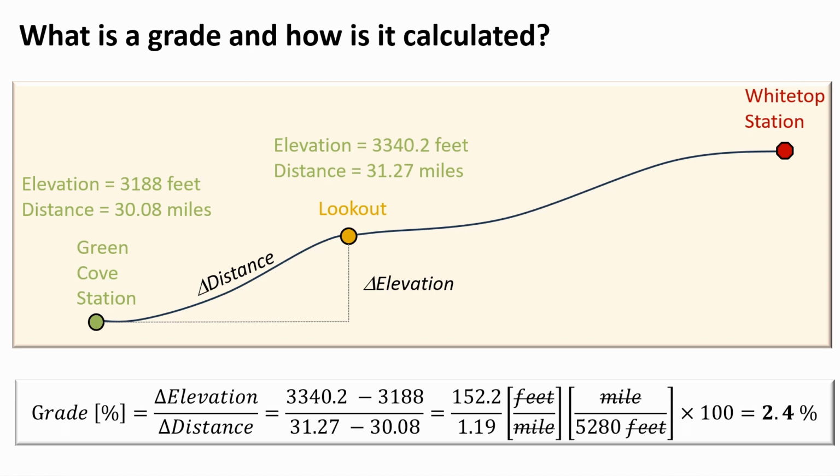Using the information from the web application, we see the elevation and the distance at each point, and we can compute a grade of 2.4% for that segment. Here's the formula. Grade is the change in elevation divided by the change in distance. Here are the coordinates, and then converting feet to miles. So it's a 2.4% grade.